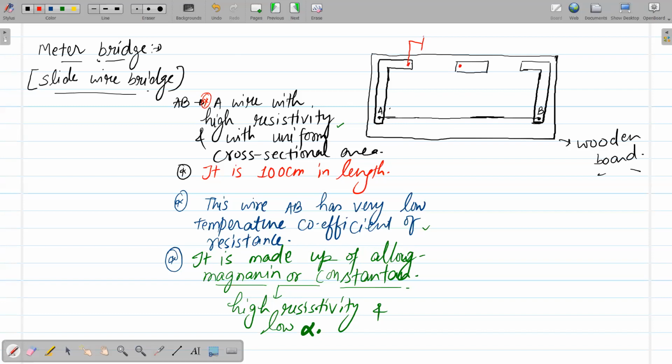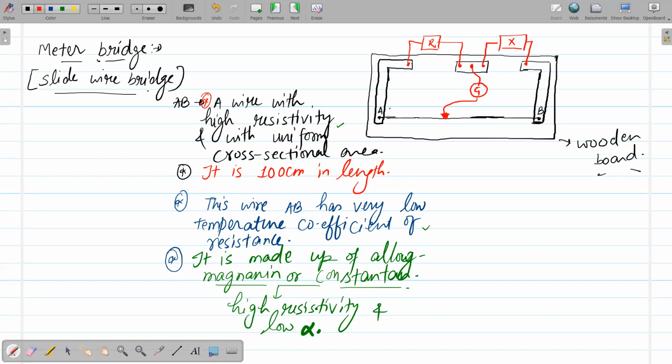Here we connect one known resistance, and across another gap we connect some unknown resistance, like this. And here we have one more nail, and this nail is connected with a galvanometer. The galvanometer detects the flow of current, and this is further connected to a jockey.